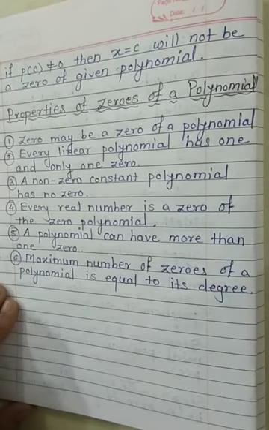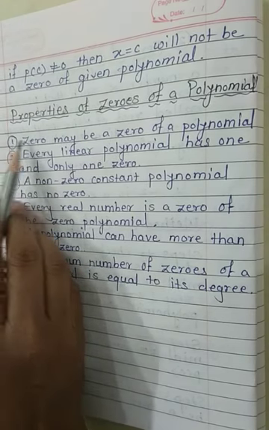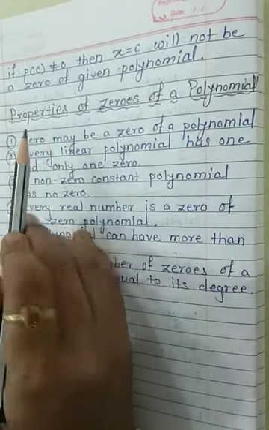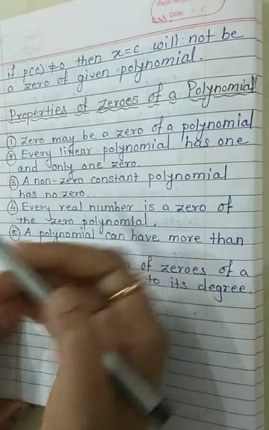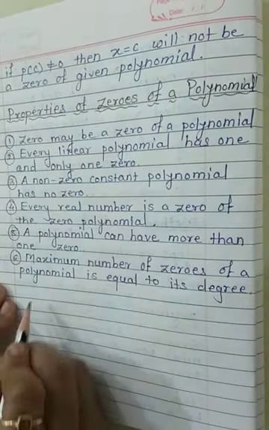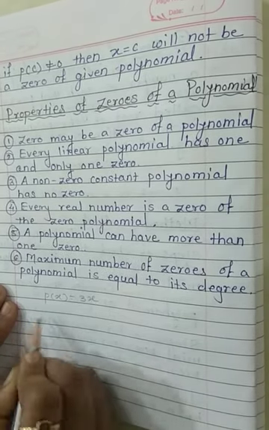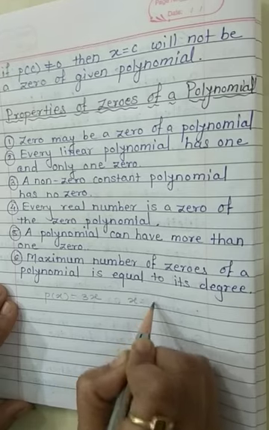Now let us see some properties of zeros of a polynomial. First property: 0 may be a zero of a polynomial. That 0 may be a solution or root of a polynomial. For example, suppose p of x is equal to 3x. Then put the value of x as 0.